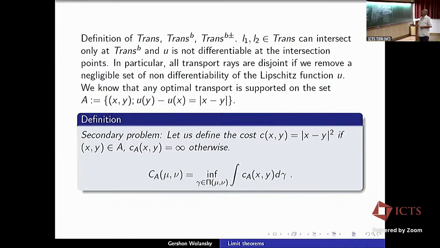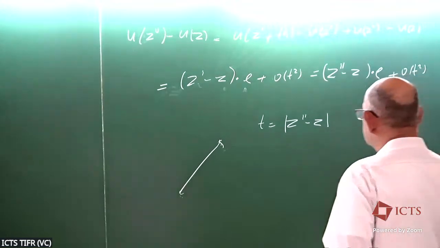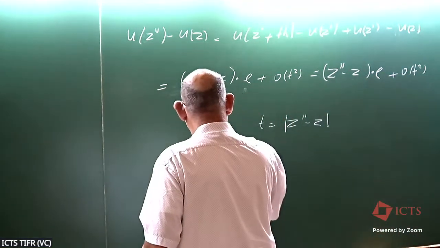So we can split the whole space into transport rays like this, and the endpoints we call the transport boundary. So this is a transport ray, the maximal transport ray. This is the maximal interval on which this equality exists, and the transport boundary is just the endpoints of this interval.